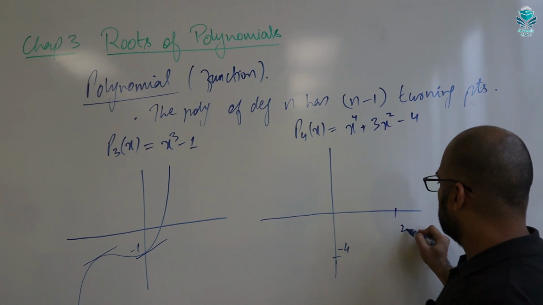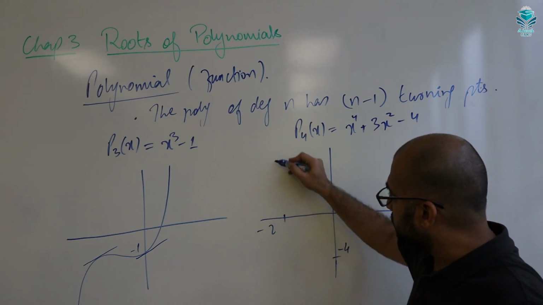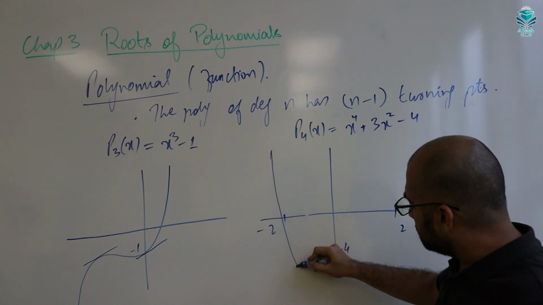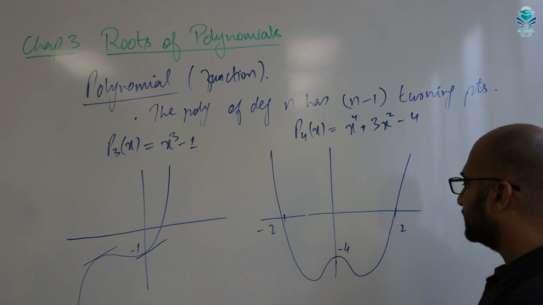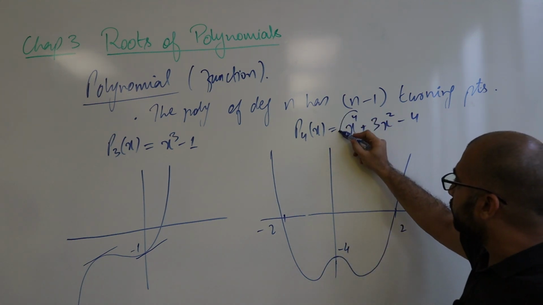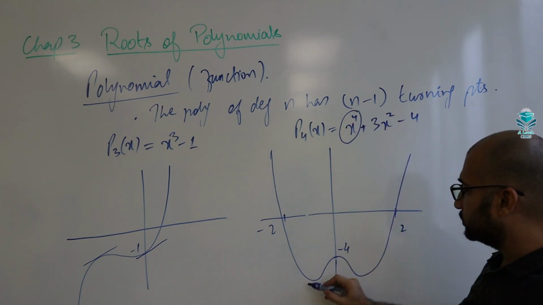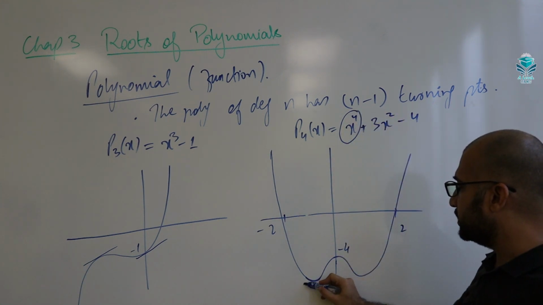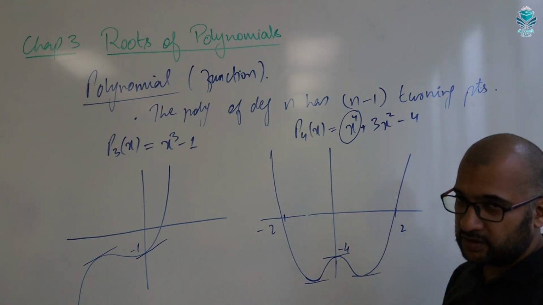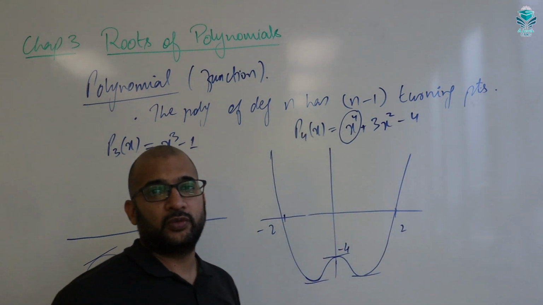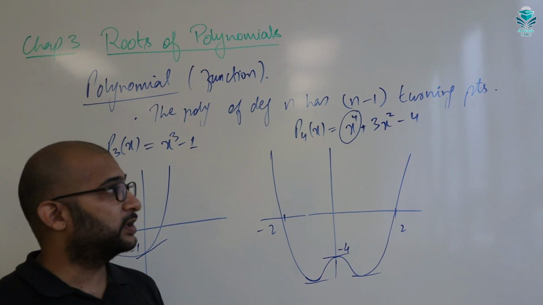So 2 and minus 2 are the roots. You will see the graph of this polynomial is like this. Students, you can see it is a quartic polynomial, it has degree 4. So it has 3 turning points, 1, 2 and this 3rd turning point. So in general we can say that an n degree polynomial has exactly n minus 1 turning points.